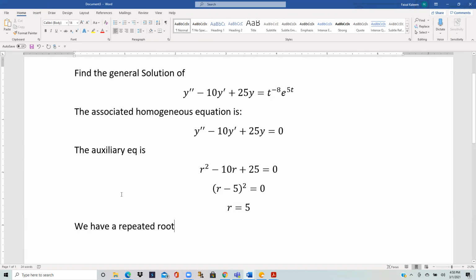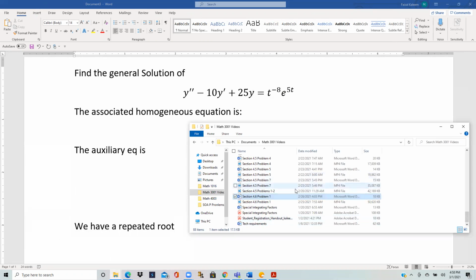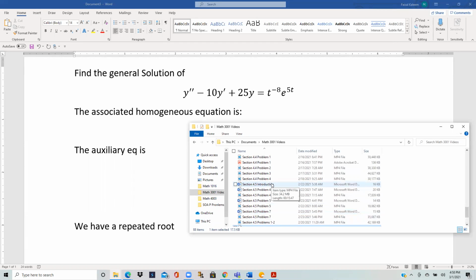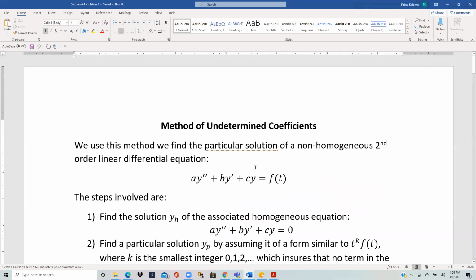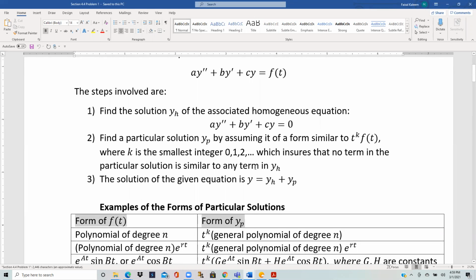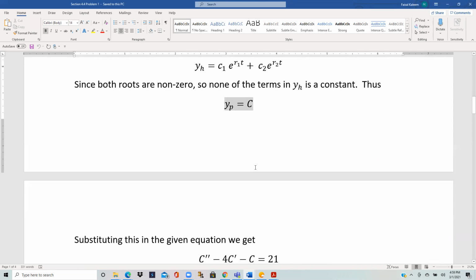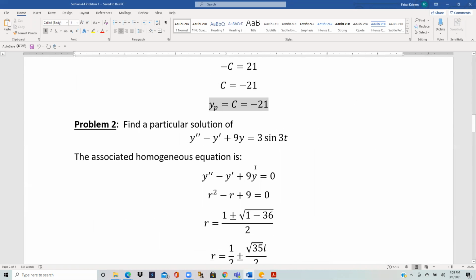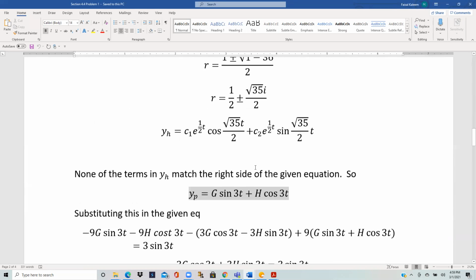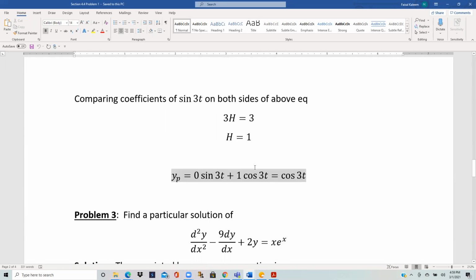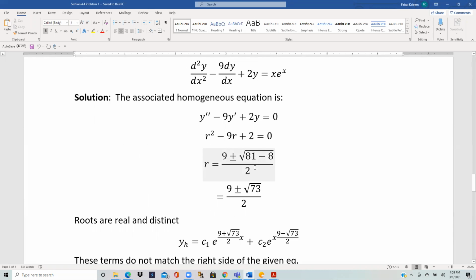Let's look for the template for the repeated root.